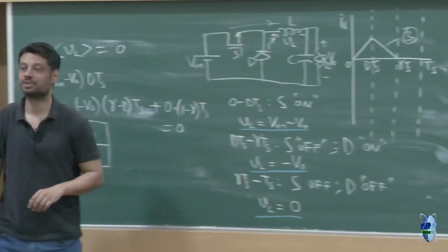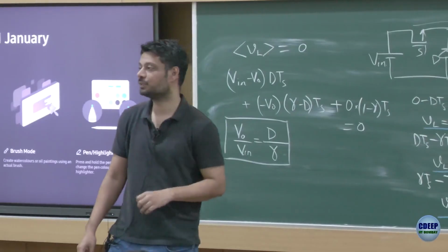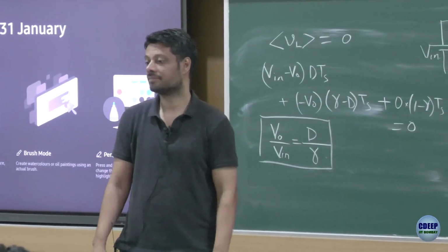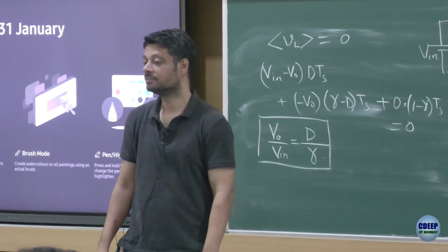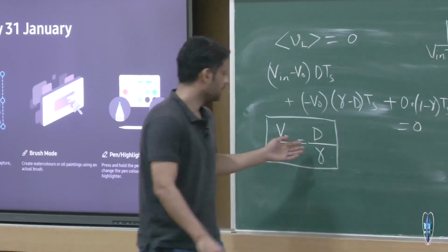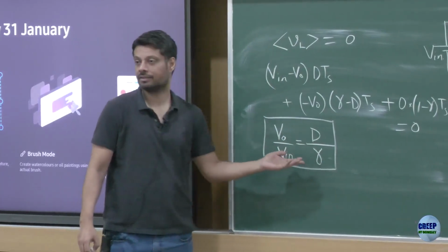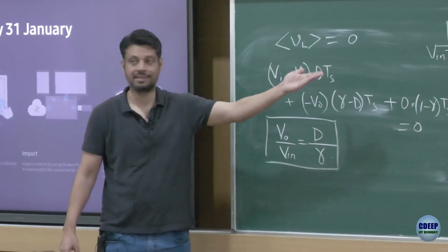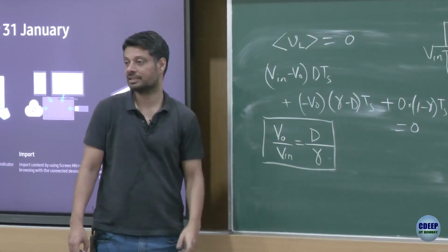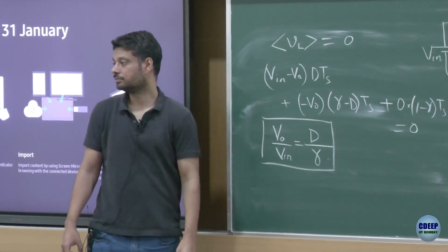It will increase, right? Because the earlier expression was D by 1, now you have gamma, and gamma is clearly less than 1. So the output voltage must be more than the previous case, right?